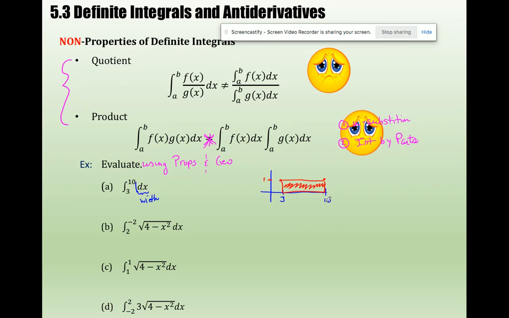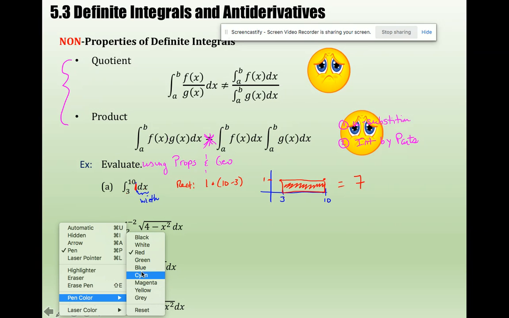Well, that is 10 minus 3, which is 7, with a height of 1. All because I recognized they were asking me to integrate a function whose height is 1. I have infinitely small widths starting at 3 and stopping at 10.